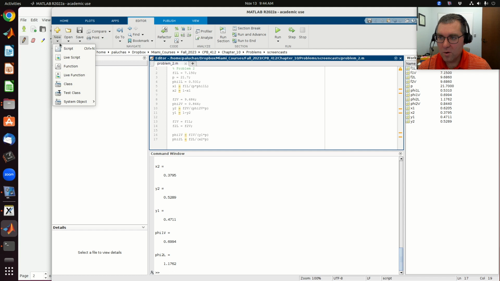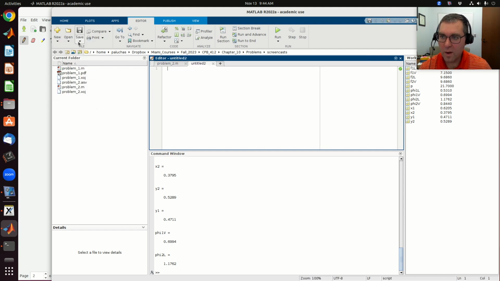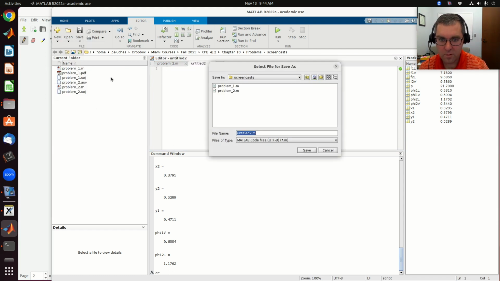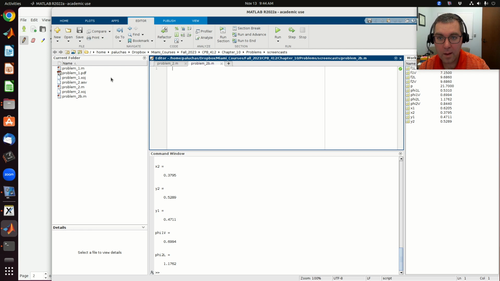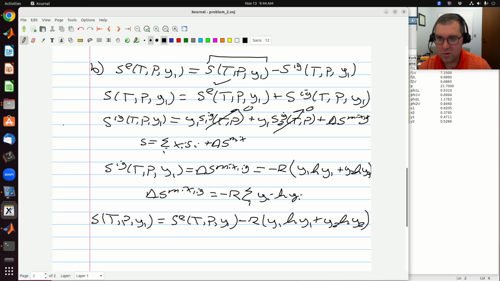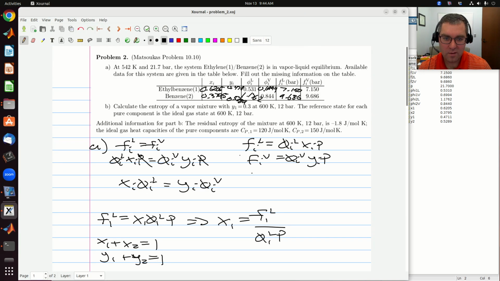Let me make a new one, and we'll call this problem 2b dot m, since we're going to have new variables. So we were told Y1 was equal to 0.3. And what's interesting is I don't even actually need any of the heat capacity values that were given.